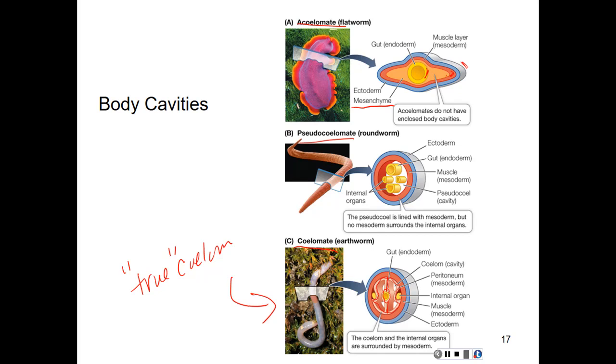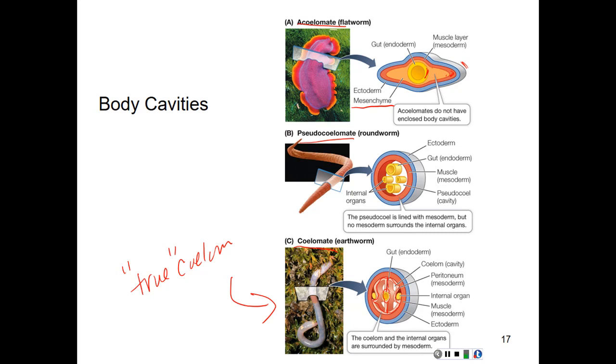Now, a pseudocoelomate organism still has a body cavity, okay? So don't think it doesn't just because it's not a quote-unquote true coelom. It's just a little bit different, a little bit simpler, maybe. Here, in a pseudocoelomate organism, the body cavity is formed from mesoderm and endoderm that is disconnected from the digestive cavity.